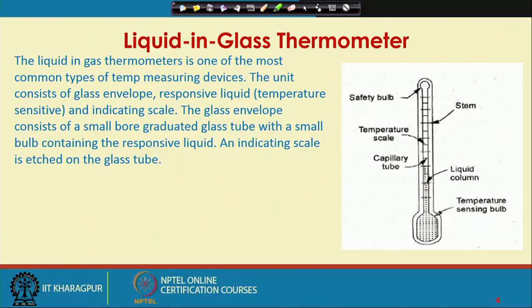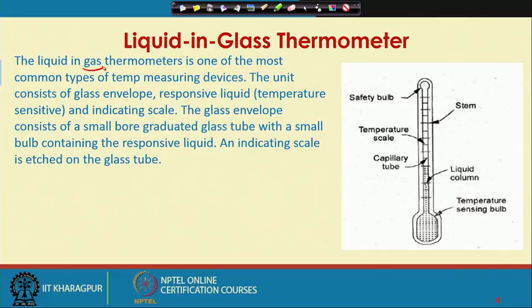A liquid in glass thermometer is schematically shown in the diagram. The liquid in glass thermometer is one of the most common types of temperature measuring devices. So, this is glass.